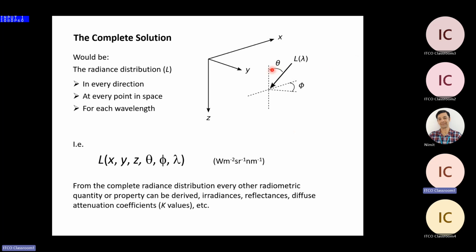So here you have theta, which is the angle to the vertical, so this angle. And then phi is the relative azimuth, like that. So at any point in space, it's as if I have a sensor, or if I just look with my eye, I see what the radiance distribution is around me. The radiance is large when I look at these lights. So at certain points in the sphere of all directions, I see bright lights like this, the high radiance.